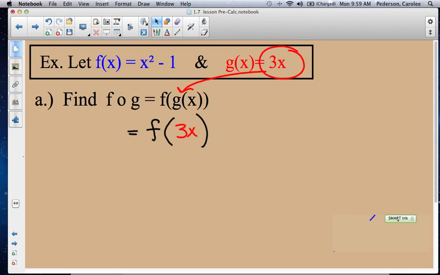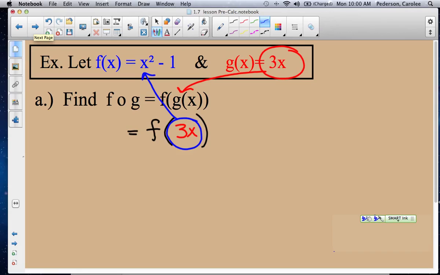So I'm going to take this 3x, and where is it going to go? It's going to go right inside of that x place. So wherever there's an x in that blue function, I'm going to replace it with 3x.